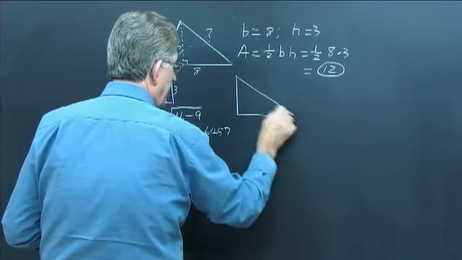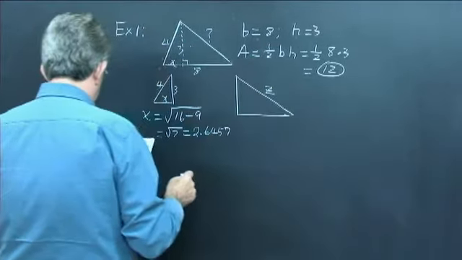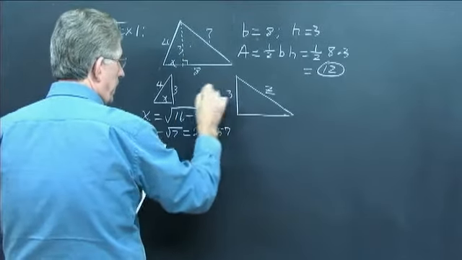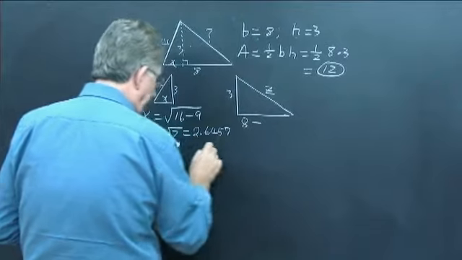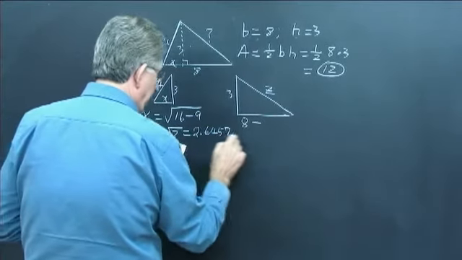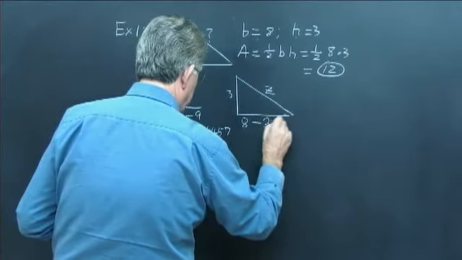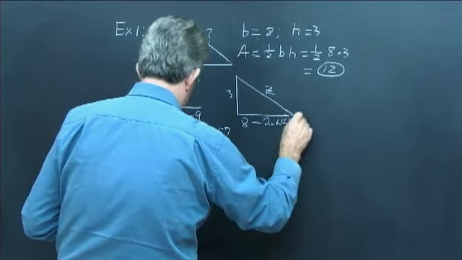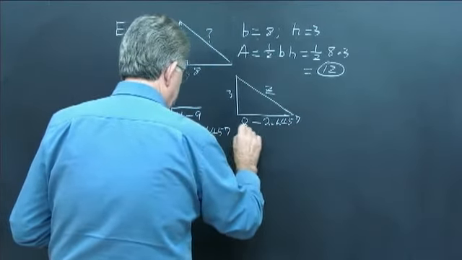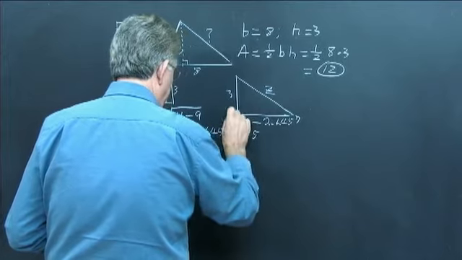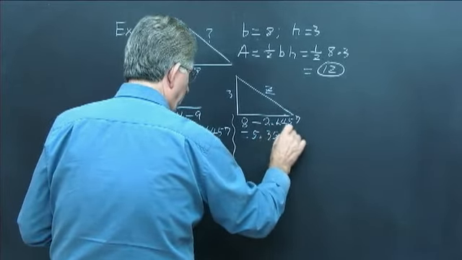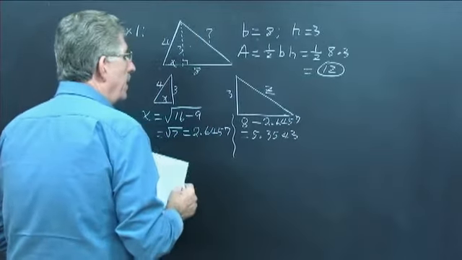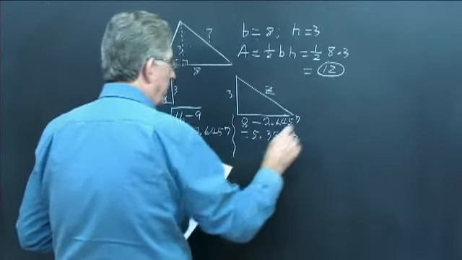Let's call this side Z, and this side we already know is 3, and so this side is the whole length, 8, minus this X thing that we just found, 2.6457, and that gives us 5.3543 when we subtract.